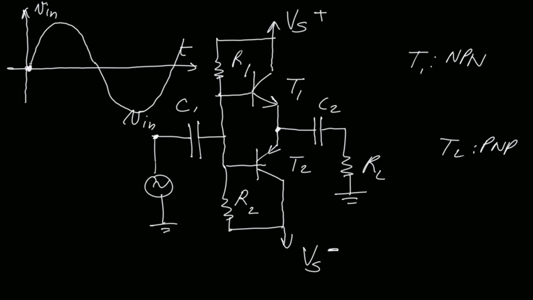As Vin increases, as long as Vin has not reached 0.7, and this is what this line stands for, this is 0.7 volts, what happens is that the voltage here, and we can remove the capacitor altogether, we're going to assume that this voltage here is 0 volts. So as long as Vin has not reached 0.7 volts, there's not enough here to turn on T1.